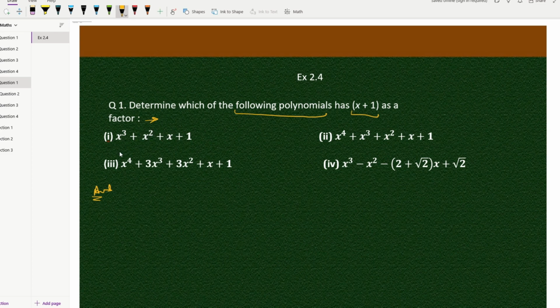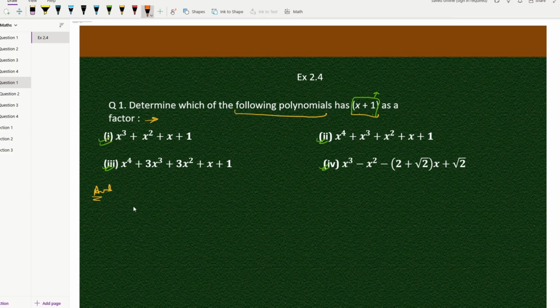There are 4 different polynomials, number 1, 2, 3 and 4, and I have to check whether x plus 1 is a factor of these 4 different polynomials, right?